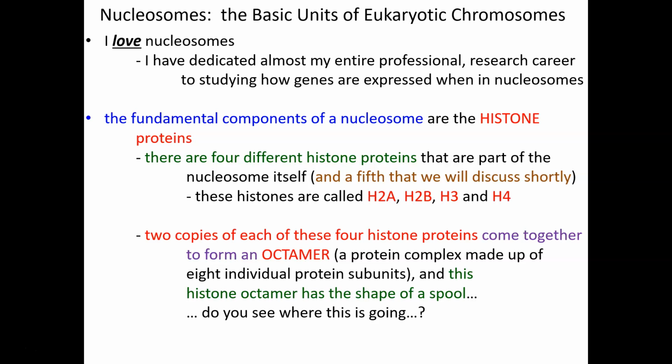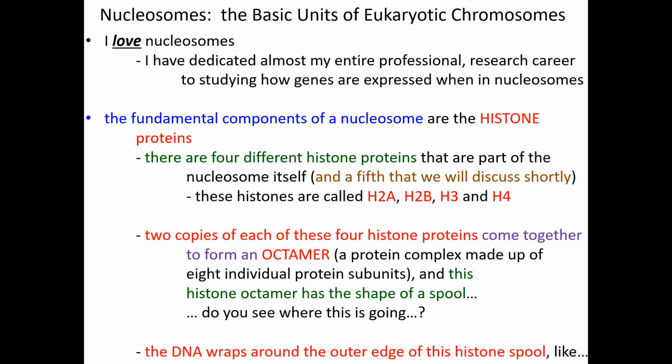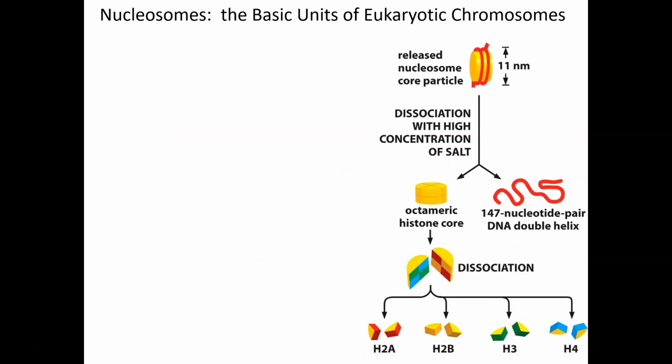Now you got a nice orderly, non-tangled, non-knotted, non-fragile version of that thread. The cell does the same exact thing with DNA. It wraps that DNA around this protein spool. So the DNA wraps around the outer perimeter of this histone octamer, very analogous to thread around a spool. And that's our first level of compaction.